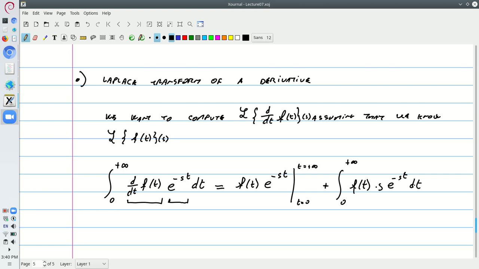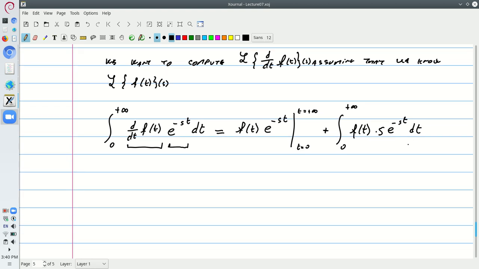So this is what integration by parts gives me.